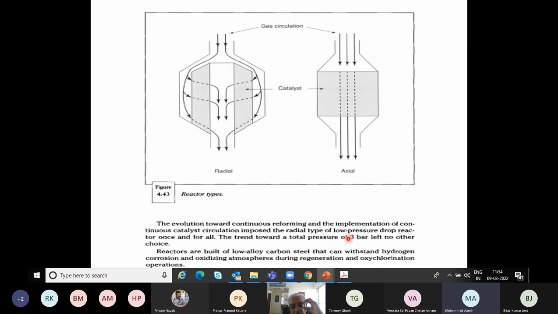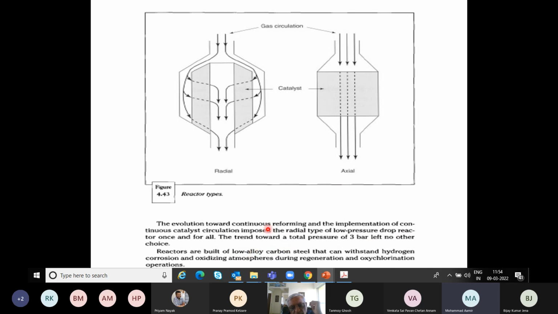These lines I copied for you: the evolution towards continuous reforming and the implementation of continuous CCR imposed the radial type of low pressure drop reactor once and for all. So this has remained in the industry today. And the trend towards a total pressure of 3 bar has left no other choice, because if you lose 3 bar pressure here itself, then you can't operate the unit anymore.